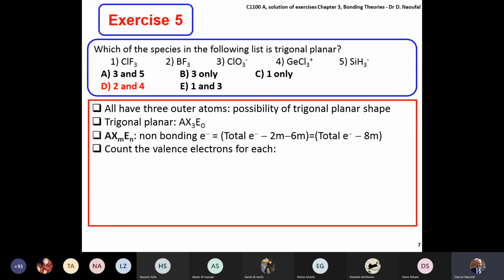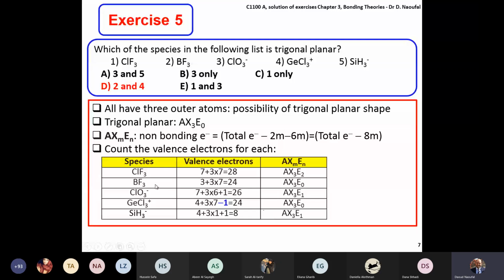Count the valence electrons by using this rule. For ClF3, the total valence electrons are 7 plus 3 times 7, equal to 28. Find En.